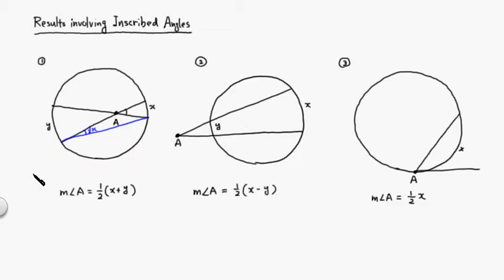Then if you view this inscribed angle here, it is 1/2 of the corresponding intercepted arc, so this is 1/2 y.